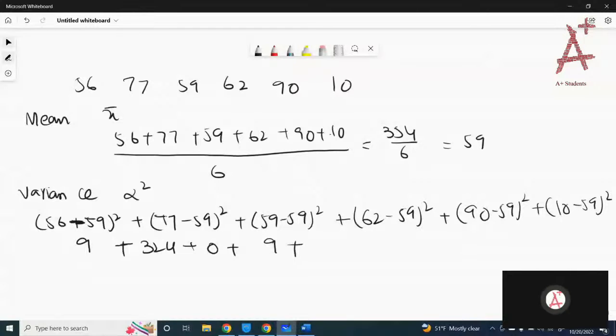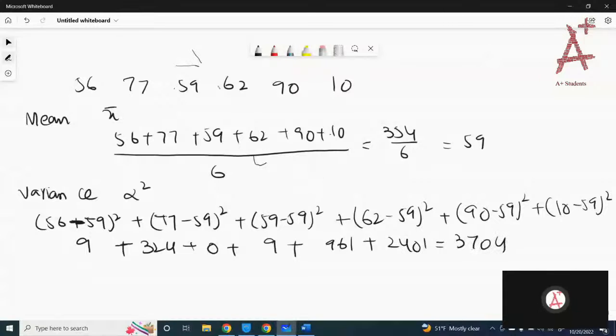Then 90 minus 59 is 31, and 31 squared is 961. Then plus 10 minus 59 is 49, and 49 squared is 2401. So just calculate the sum: 9 plus 324 plus 9 plus 961 plus 2401. It would be 3704.